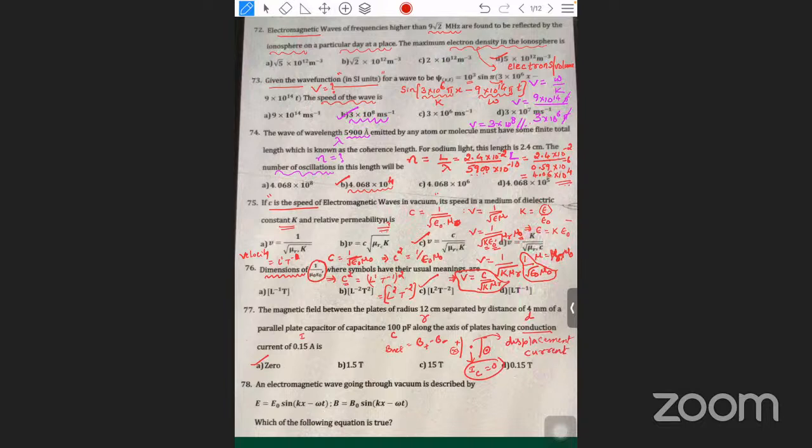Between the two plates of the capacitor the displacement current is constituted, but the current due to the conduction electrons, which we consider as the conduction current, is 0. Since the conduction current is 0, the magnetic field produced between the two plates of the capacitor is 0. So option A is the right answer.